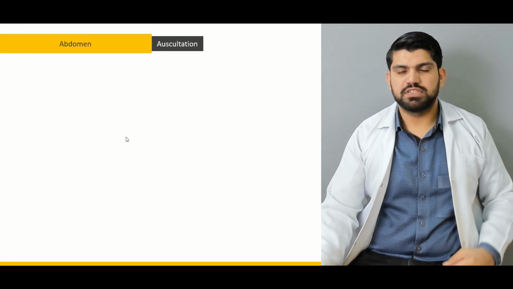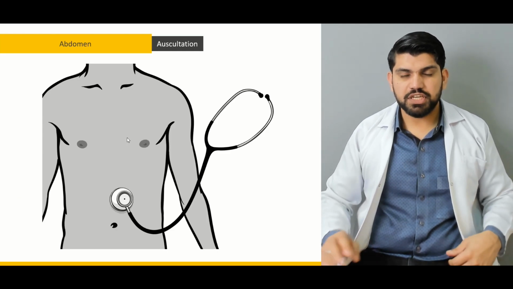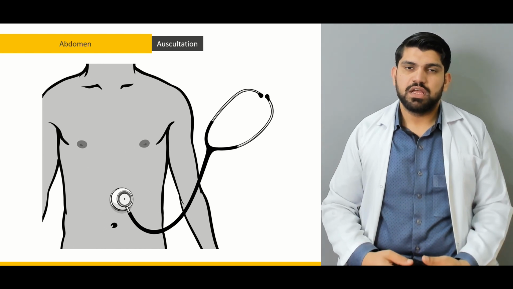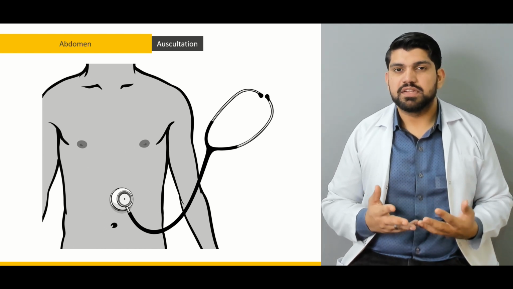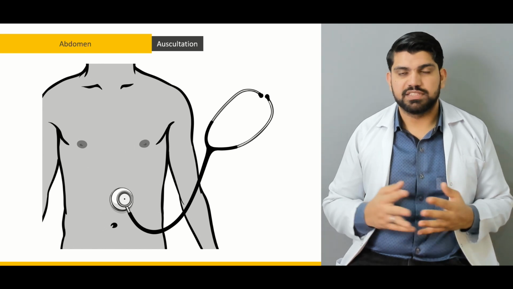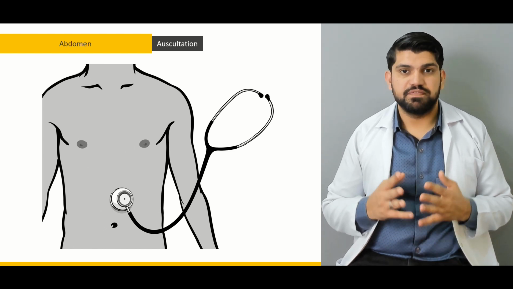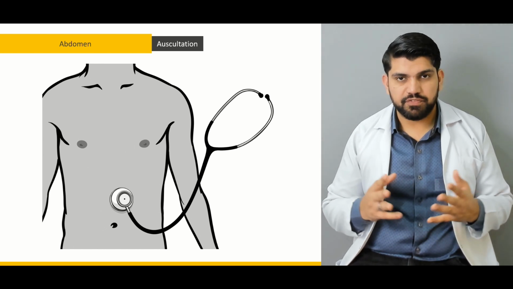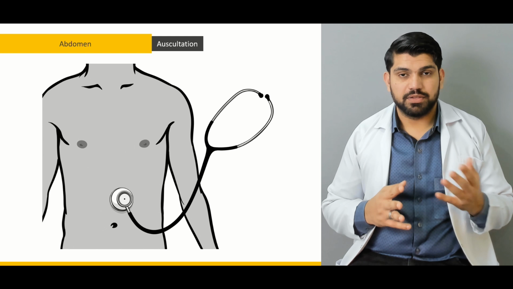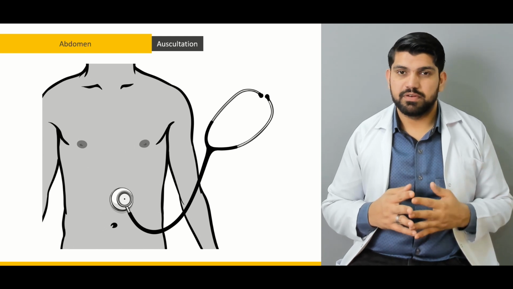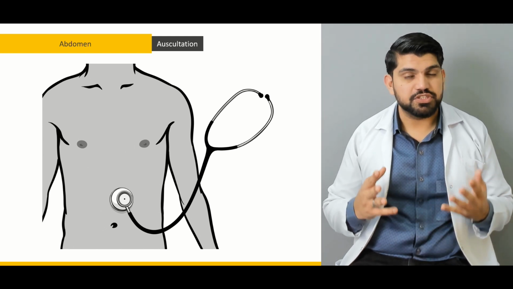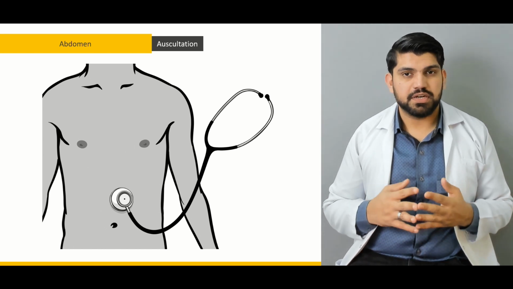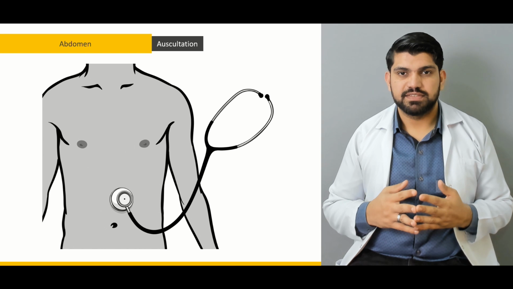So, moving on to auscultation. Auscultation is a very, very important part of the examination. What to listen for with the stethoscope? Bowel sounds, peristaltic movements, a very, very important thing. For example, if a patient comes to you with diffuse abdominal pain and you auscultate his abdomen for peristaltic movements and there are absent bowel sounds, what to consider? Peritonitis.